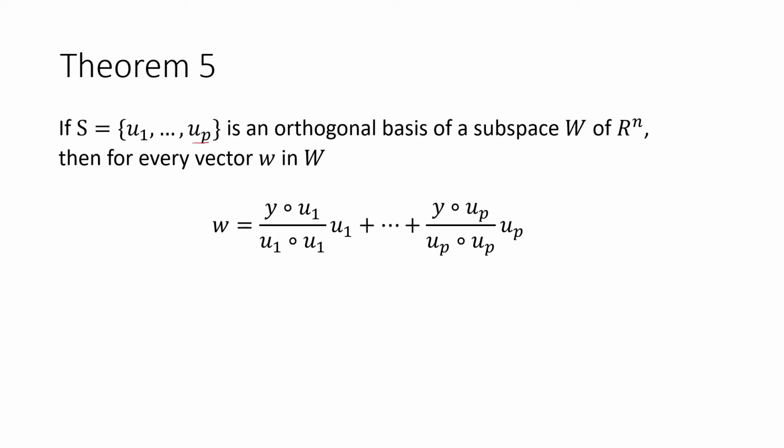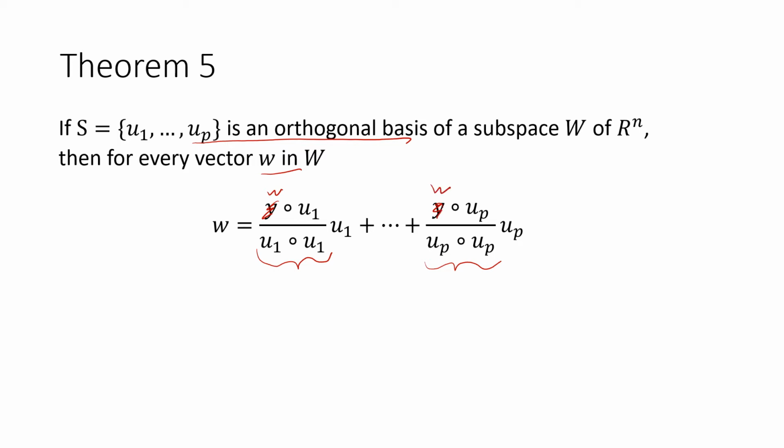So if you have an orthogonal basis and you want to find the coordinates of a vector in relation to that basis, you can do it with this formula. That shouldn't be y, that should be w.